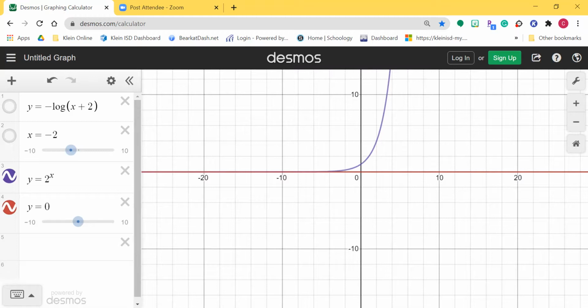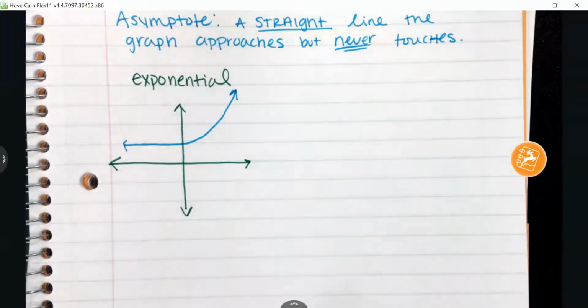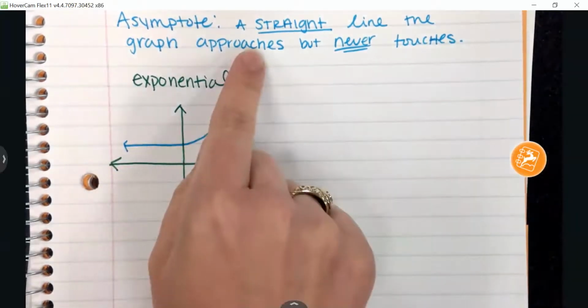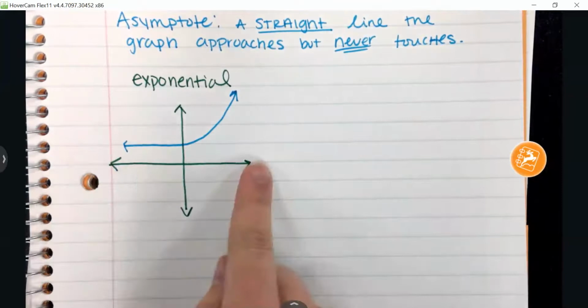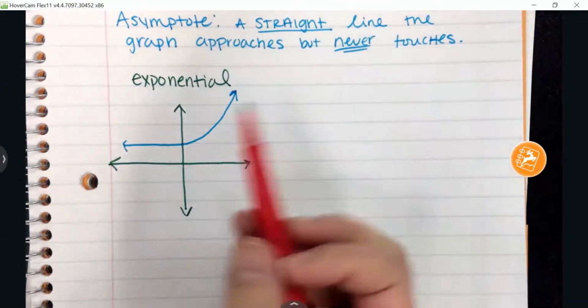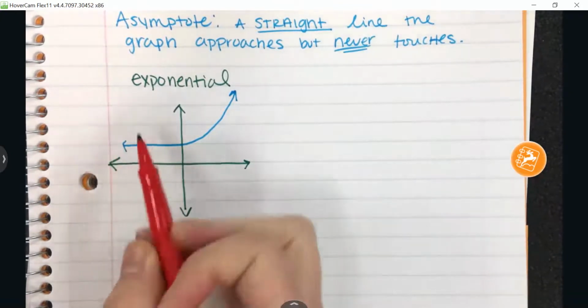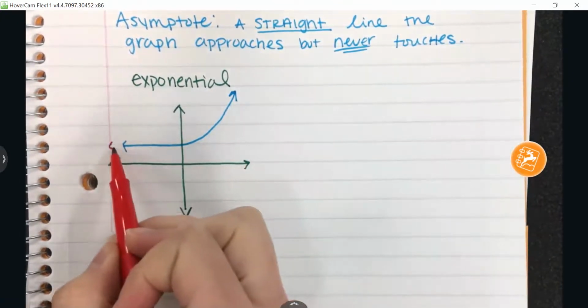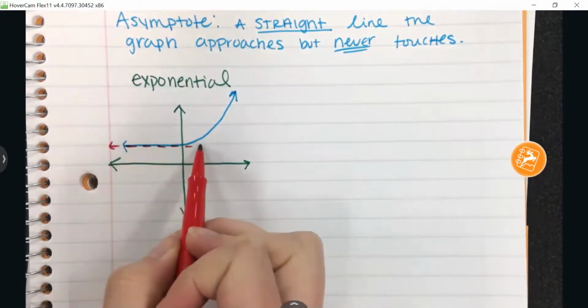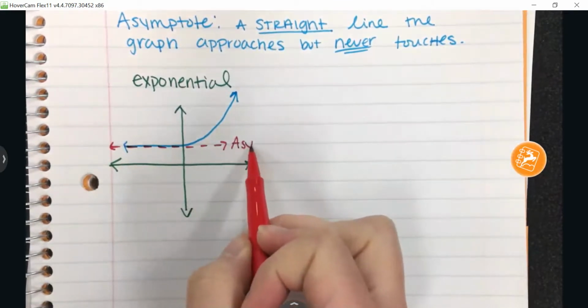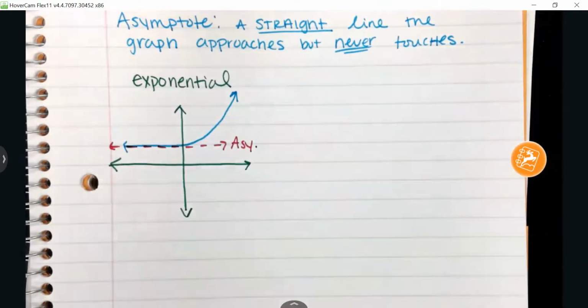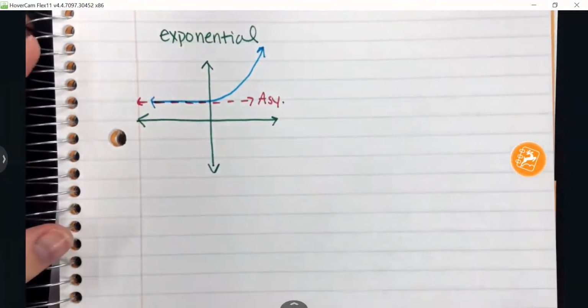So back to our notes, we're going to draw something kind of like that, okay? So here is my exponential graph. This is my Y and X axis. Here is the straightest part of my graph, which is on the line 1, like my first grid line. So this is where my asymptote is, because that's the straightest part of my graph where it looks like it's going to touch, but it's not really touching, okay?